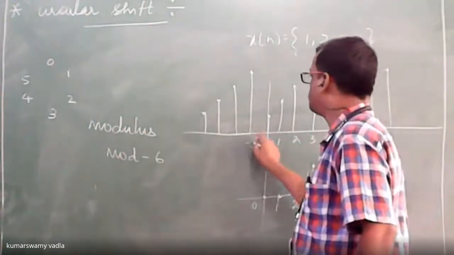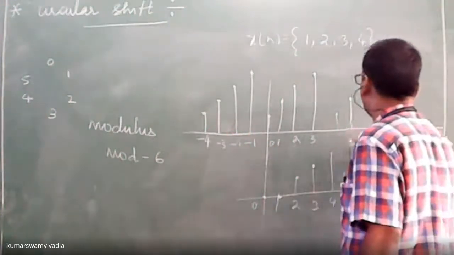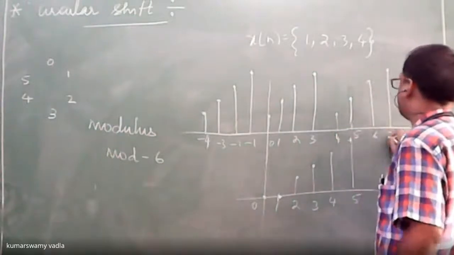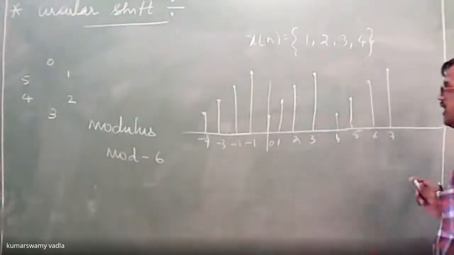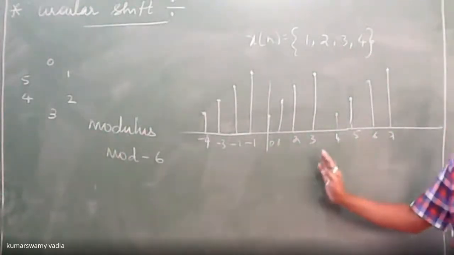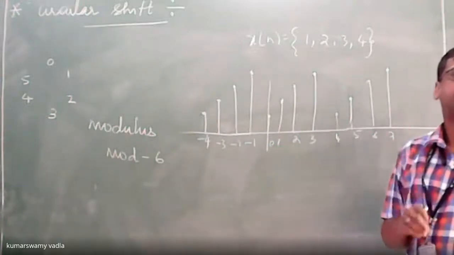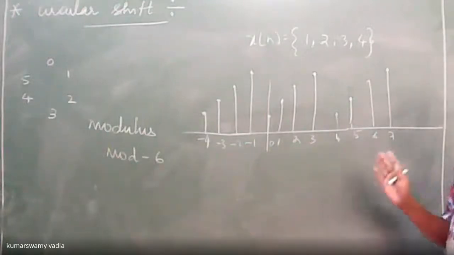This is 0, -1, -2, -3, -4. Now 1, 4, 5, 6, 7. Now, can you visualize this signal, friends? I have repeated the values over here.